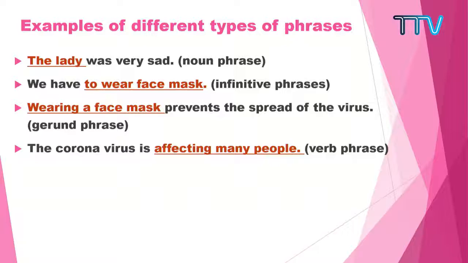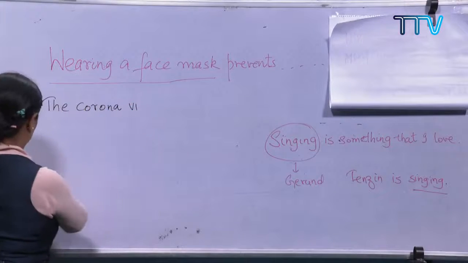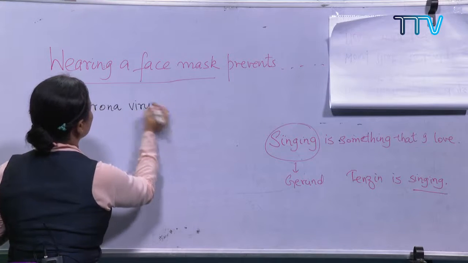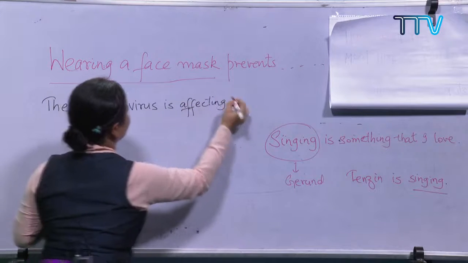Okay, the coronavirus is affecting many people. The coronavirus is affecting many people. So here, the verb phrase is affecting many people.